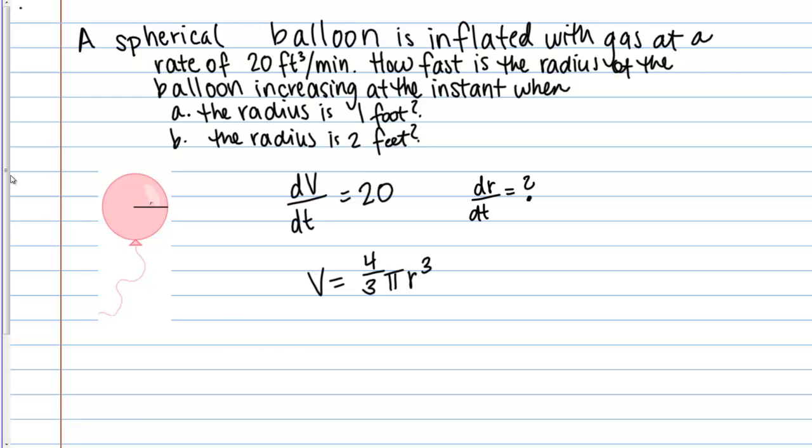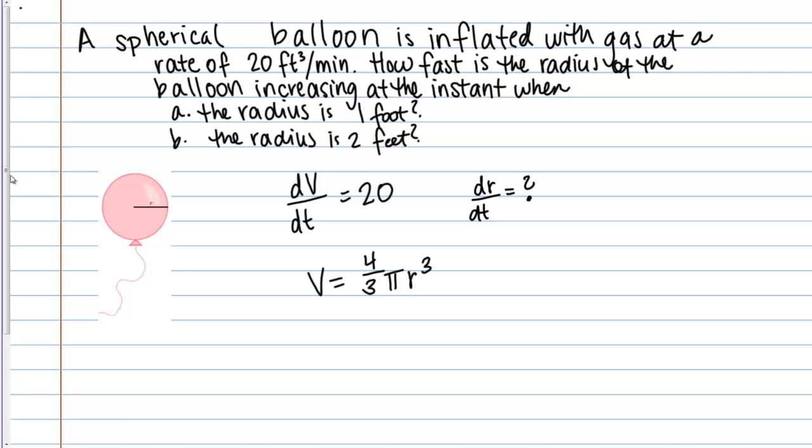Okay, so what's the next step? The next step is to look at the equation we've just written and eliminate variables from the equation that I am not interested in. In this case, I know about the volume of the balloon, and I'm looking for the radius. So V and r should be the only variables present in my equation, and in this case, they are.